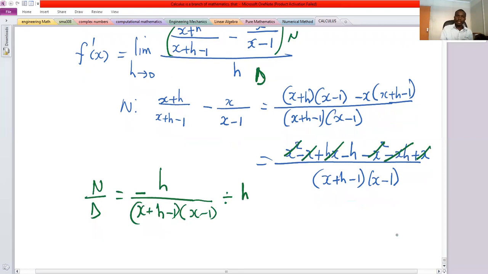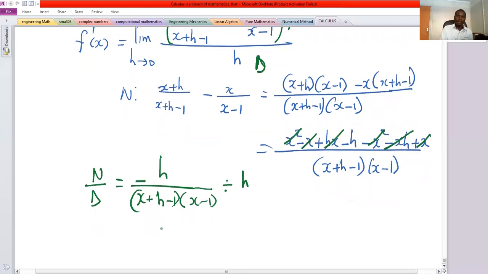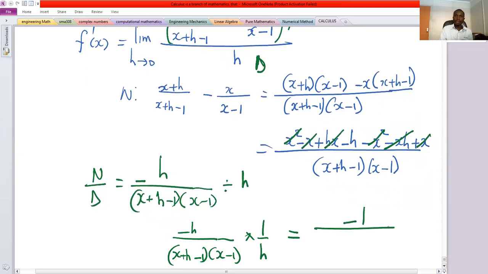So this is the same as minus h over x plus h minus 1 times x minus 1, times the reciprocal of this, and this will give us negative 1 over x plus h minus 1 times x minus 1, because h and h have cancelled out.